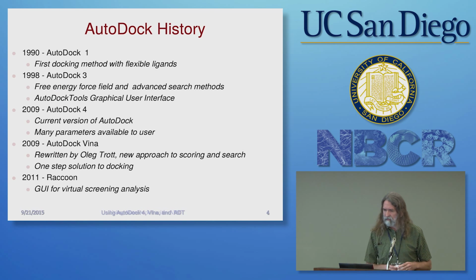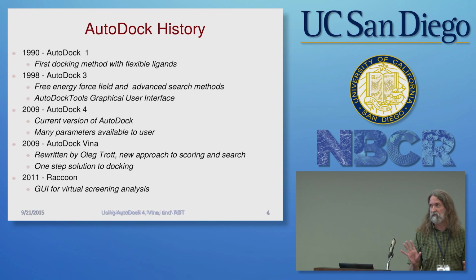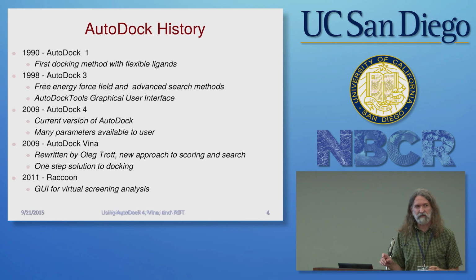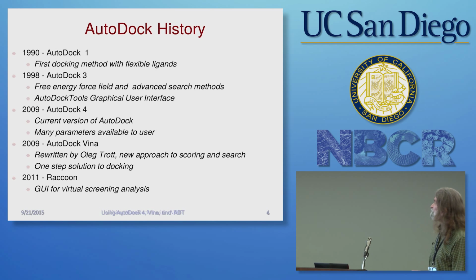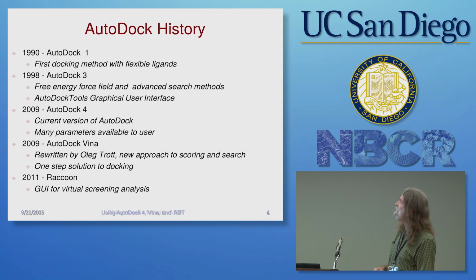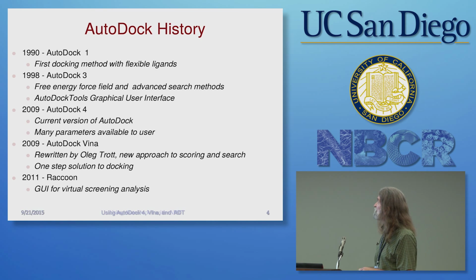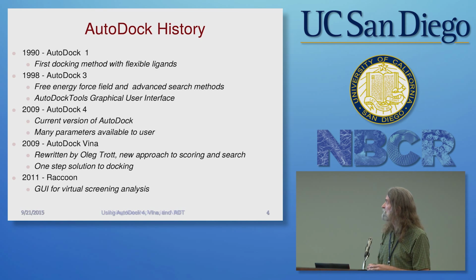Okay, so a little bit of history about the AutoDock suite. There are a whole bunch of different methods these days for solving this docking problem. And AutoDock is one of the popular methods, probably most popular because it's absolutely free. Back in 1990, I wrote the first version in Fortran. It was the first docking method for docking flexible ligands to targets.